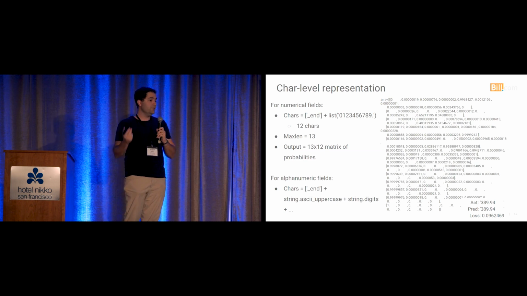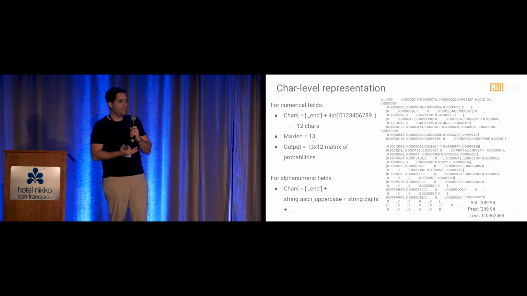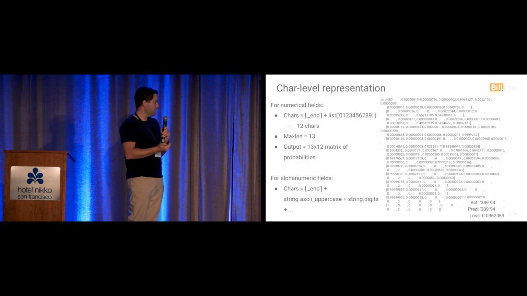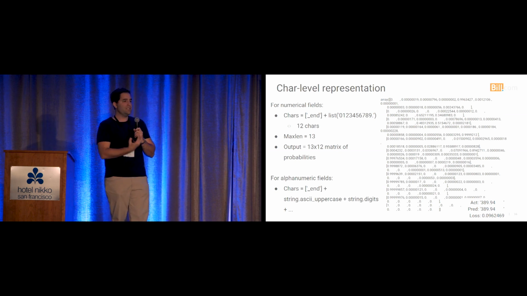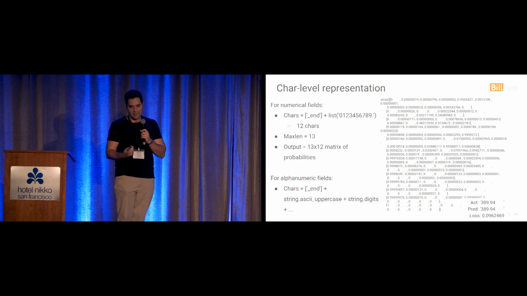So for numeric amounts, our dictionary is numeric, and for alphanumeric, you can add the alphabet there, etc. One of the benefits of this approach, compared to OCR, is that if we expect a numeric answer, a 0 can never be represented as the letter O or a 1 as the letter L, because it doesn't exist in the dictionary. The dictionary only has the allowed characters. So that's one of the benefits.